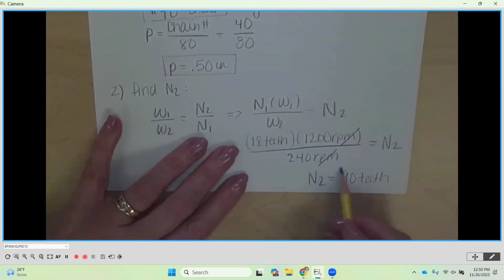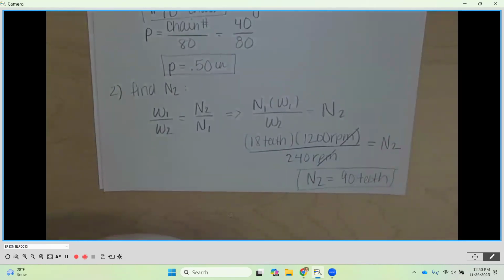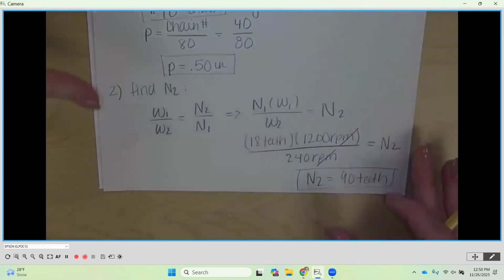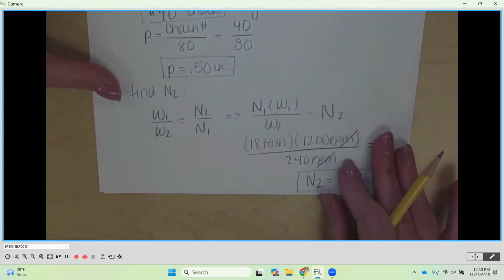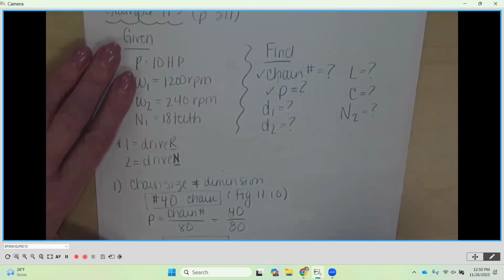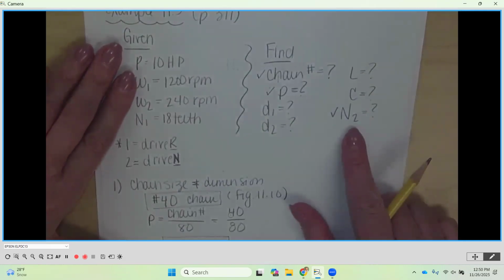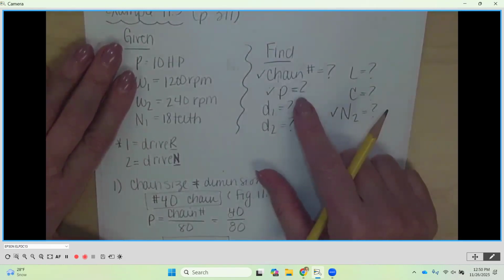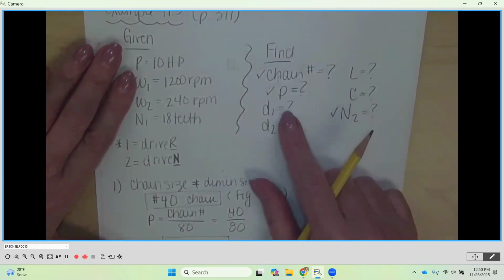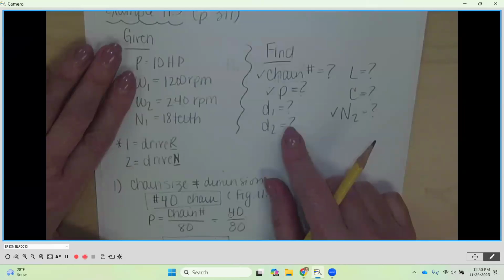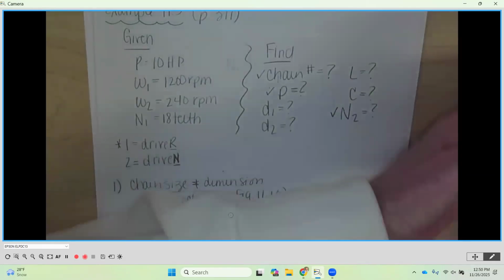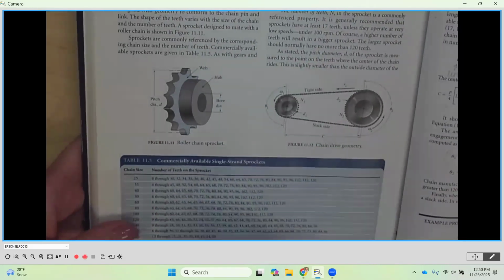So that's one of the values they want us to determine, the number of teeth on the driven sprocket N2. I'm going to scooch back up here. I now know what that is. Now that I know the number of teeth and I know my pitch, I can calculate my pitch diameters. That's the physical size, the diameter of each one of those sprockets.